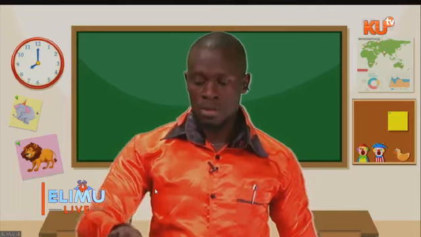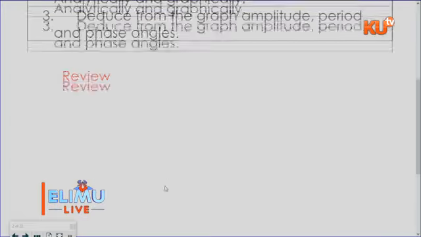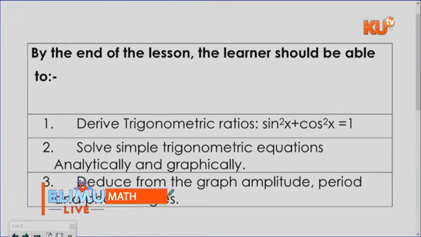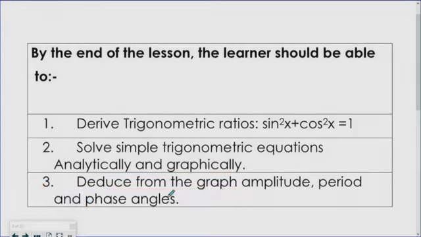So, by the end of this lesson, the learner should be able to, 1, these are the objectives of this lesson, derive the trigonometric ratio sine squared x plus cos squared x equal to 1.